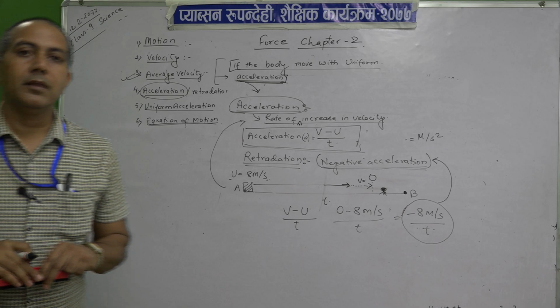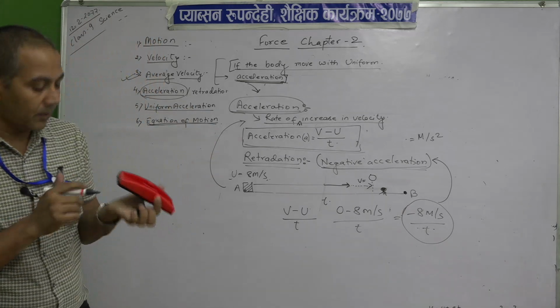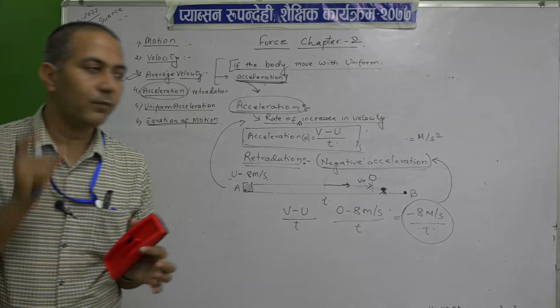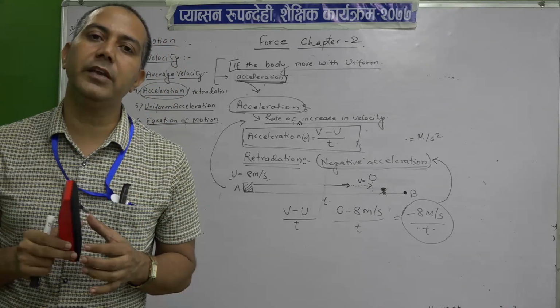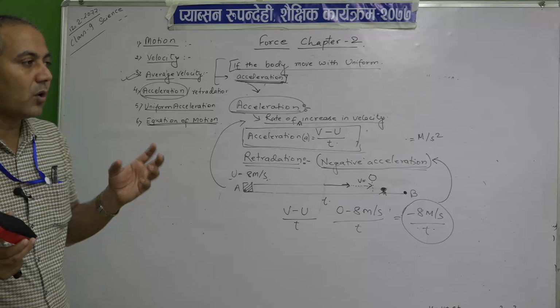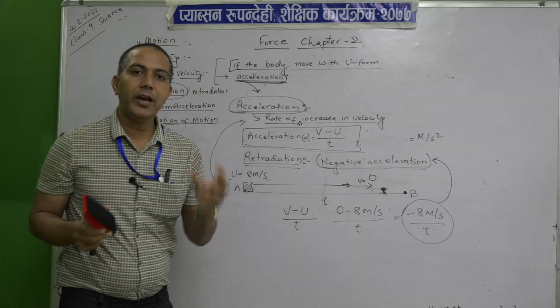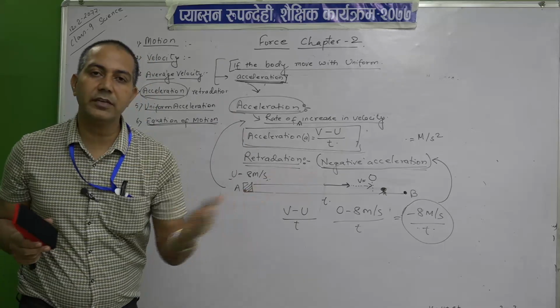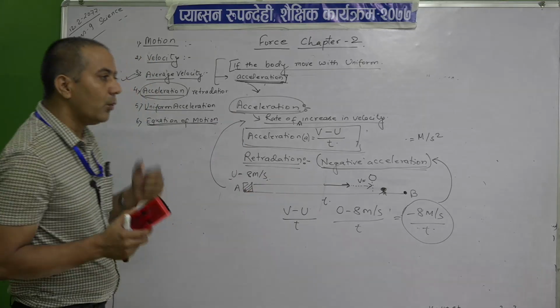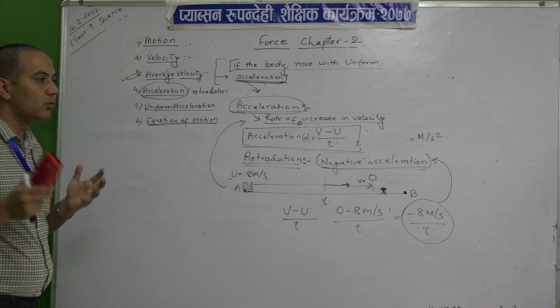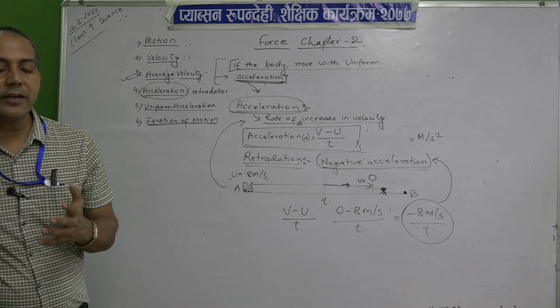That means the rate of increase in velocity is acceleration and rate of decrease in velocity is retardation. So, combined, what we studied in class 8 is that the rate of change in velocity is acceleration. We were silent about retardation, but we have to do numericals on retardation also.